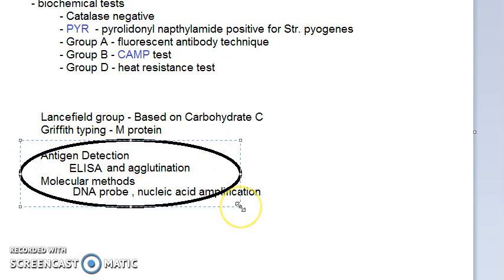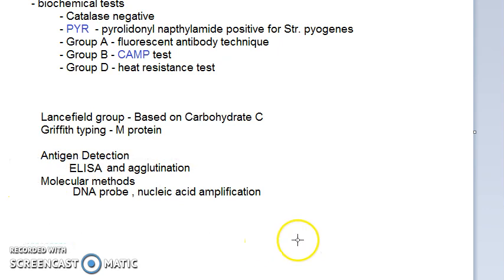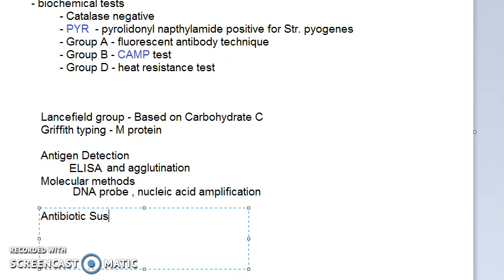And for antigen detection, these are standard things you should write. Antigen detection, you will do ELISA, agglutination test, molecular methods like DNA probe, nucleic acid amplification. Write all this. And then don't forget to write antibiotic susceptibility testing also, using the Kirby-Bauer disc diffusion method.